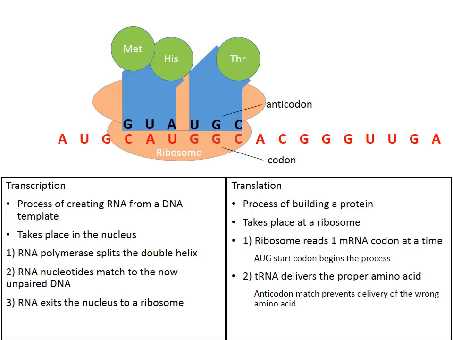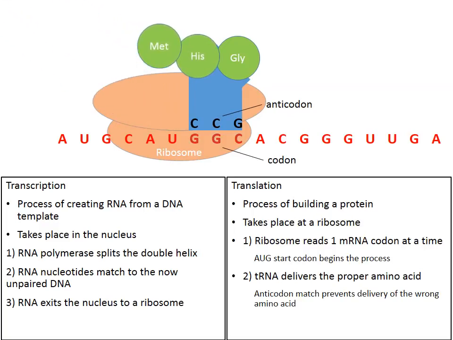Notice how the anticodon UGC and the codon GGC, they don't match. They're not opposites. Anti means opposites. This prevents the wrong amino acid from being delivered. So this entire wrong transfer RNA will drift away, and that will allow the proper one to come on in and deliver its amino acid, in this case glycine. And so now the amino acids are all chained together and the tRNA on the left has drifted away.